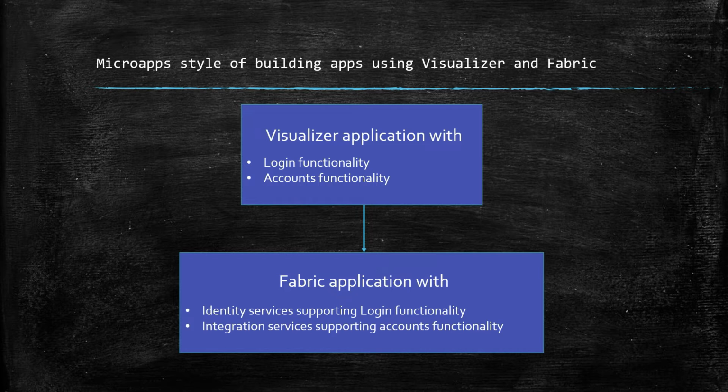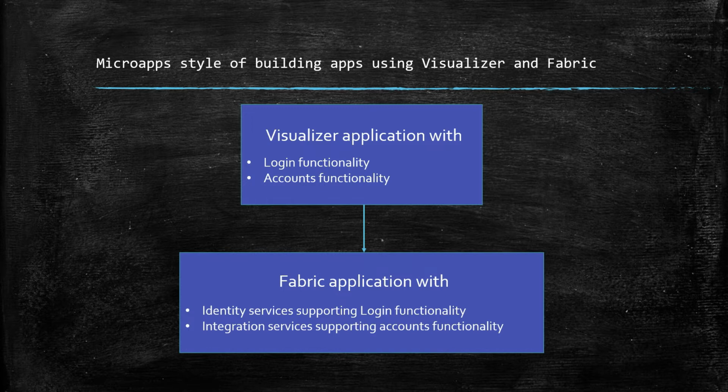And in the Fabric app, we would create identity services related to the login functionality of the front-end app and integration services supporting the accounts functionality inside the front-end application.